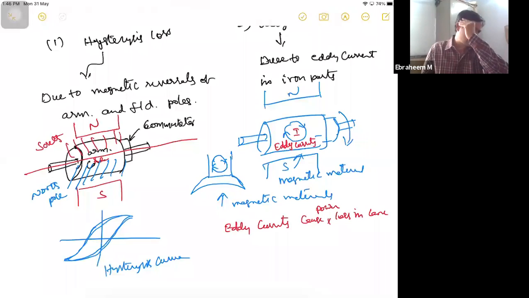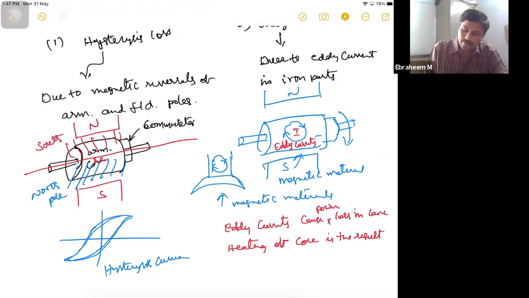This eddy current loss heats the core, because current causes loss when it flows through any conductor, due to the resistance of the conductor. Obviously resistance converts electrical energy into heat. Heating of the core is the result.